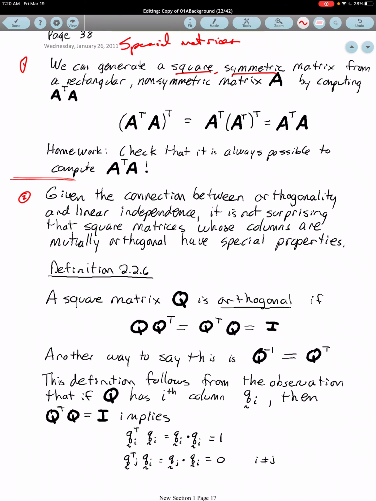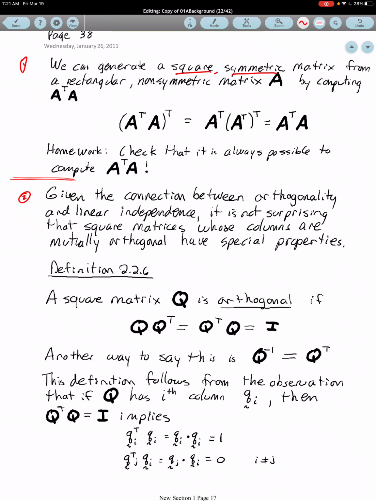So the first set of special matrices is really how to generate a matrix. So we can generate a square symmetric matrix from a rectangular non-symmetric matrix A by computing A times A transpose. That's what this sentence at the top says.